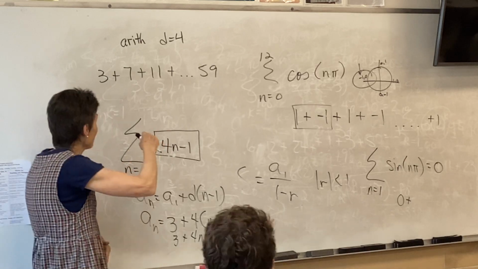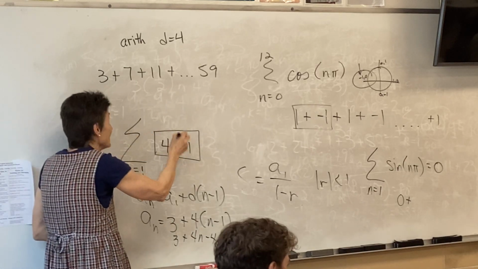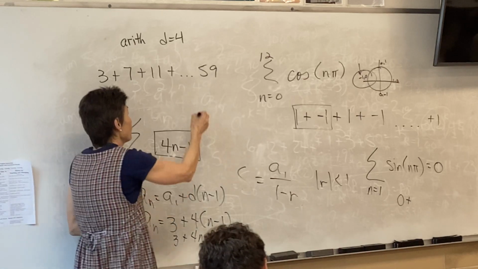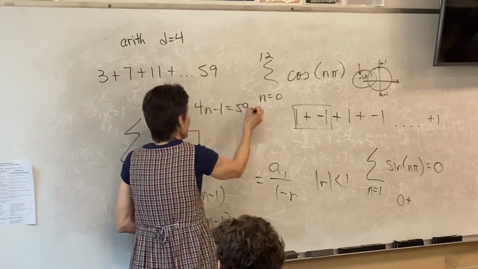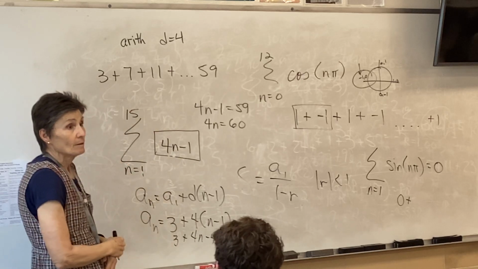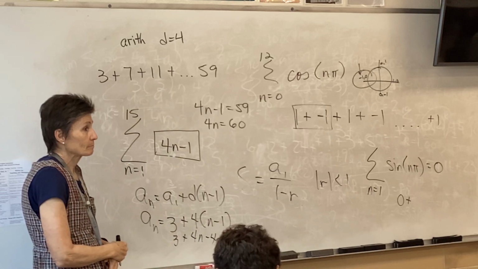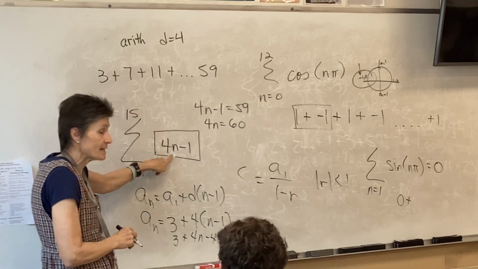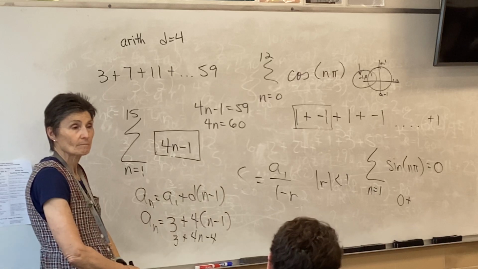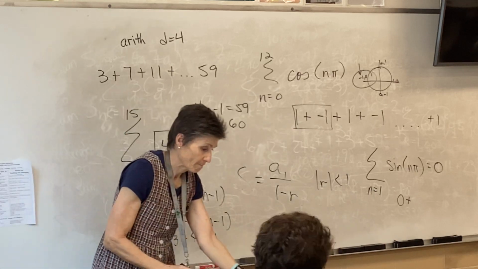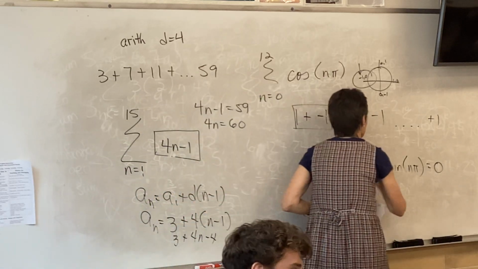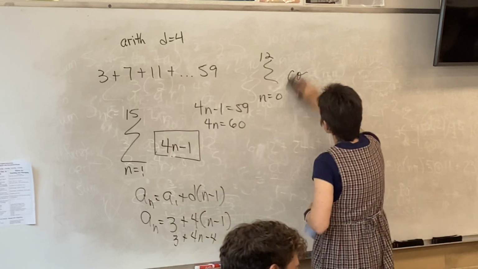You stop at whatever n value gives you 59. So 4n minus 1 has to be 59, so 4n has to be 60, and I am stopping with 15. If I plug in 15, I get 59, which is my last term, because the top number is where we stop.